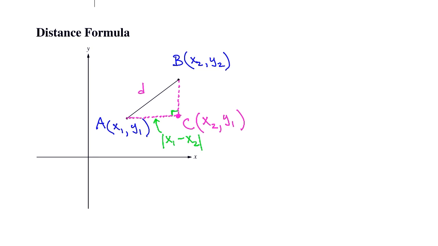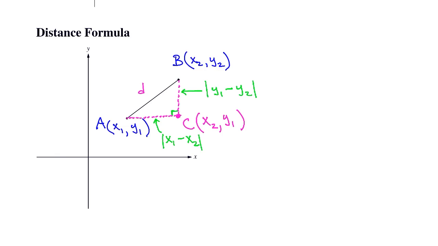Because we're doing distance, we need to make sure that it's positive, so we use absolute value. So we have x1 minus x2 in absolute value. We do the same thing for the y-coordinate, and we find the distance between B and C. So that is the difference between the 2 y-coordinates of B and C. And again, we put that in absolute value to ensure that the distance is positive.